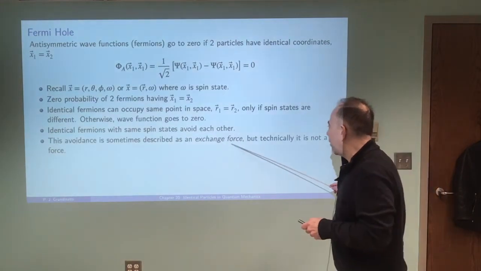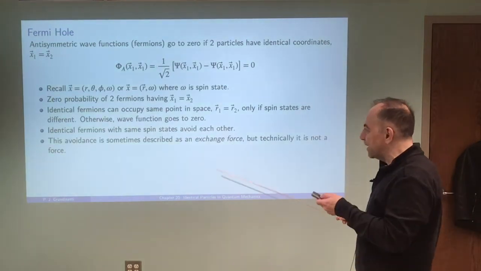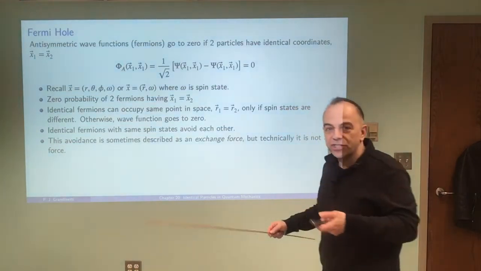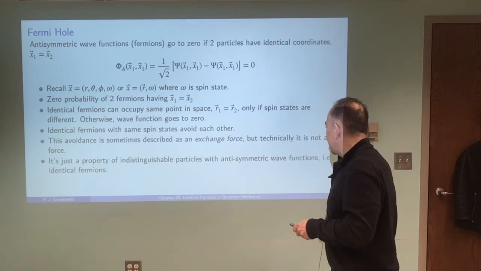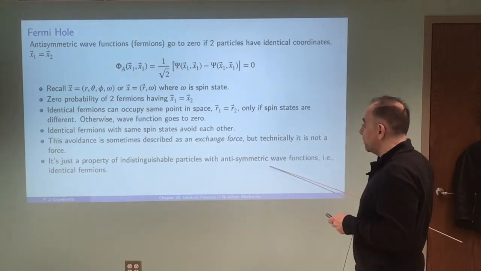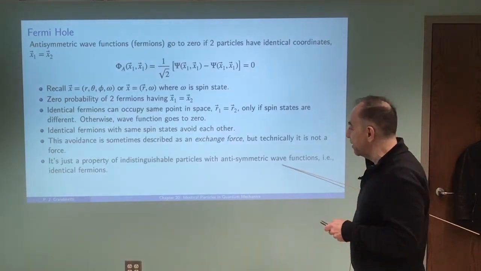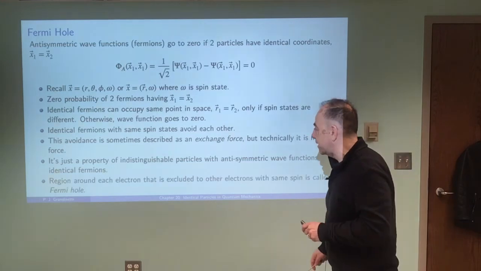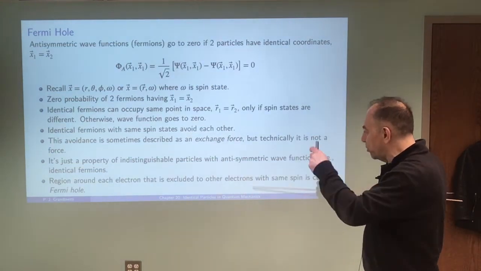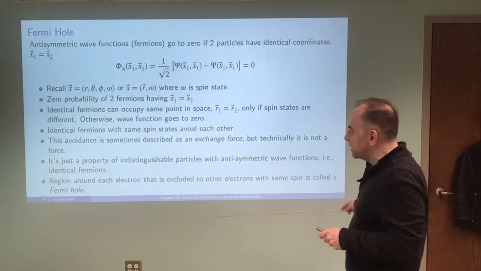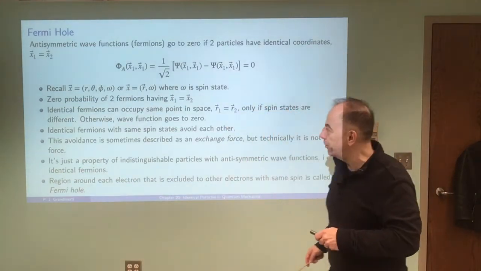This is sometimes called an exchange force, but technically it's not really a force. It's just the fact that the probability goes to 0. And it's a property only of the antisymmetric wave functions. The bosons don't do this; it's only the fermions that do. The region around an electron that is excluded to other electrons of the same spin is called a Fermi hole.